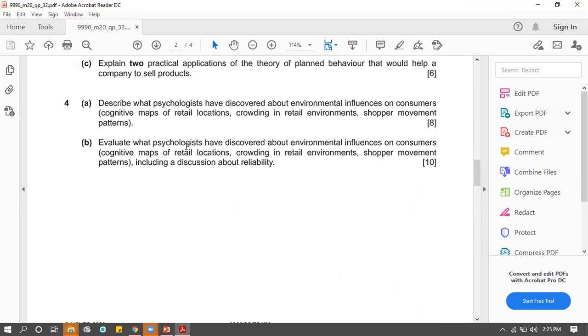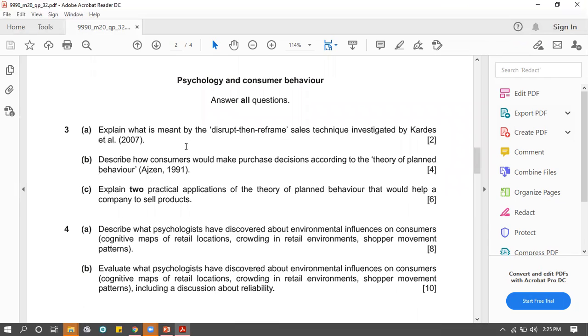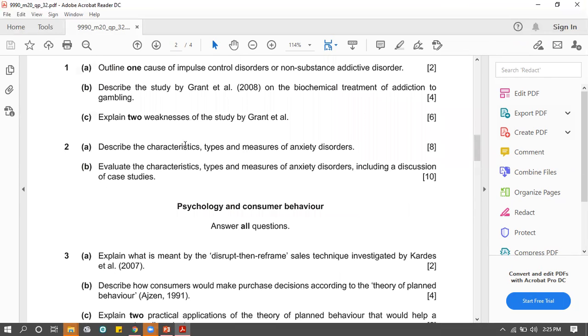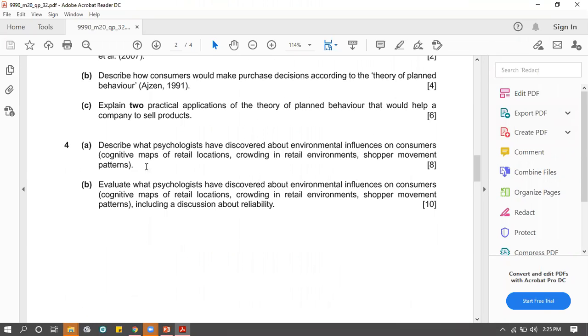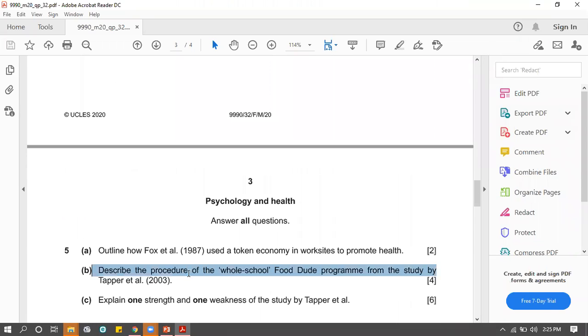Because we are talking about abnormal psychology, I'm going to remain in this section. Your question about describing the Beck Depression Inventory, or any questionnaire you're supposed to describe, whether health or abnormal psychology, will come in question one part B for abnormal psychology and question five part B in health psychology.